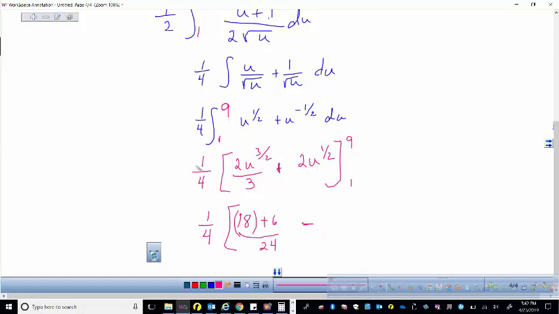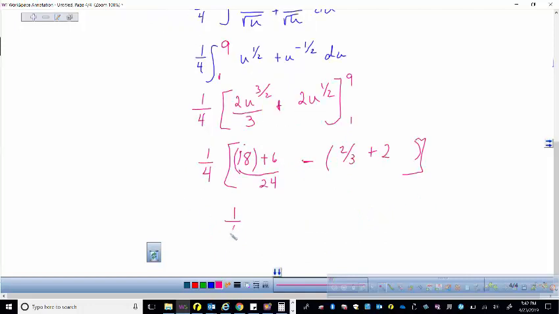And then I have to subtract, so I'm going to subtract this whole next part where I put in 1, which is going to be 2/3 plus 2. I'm sorry, my handwriting is really horrible today. So 1/4, 2/3 plus 2 gives me 8/3, so I have 24 minus 8/3.